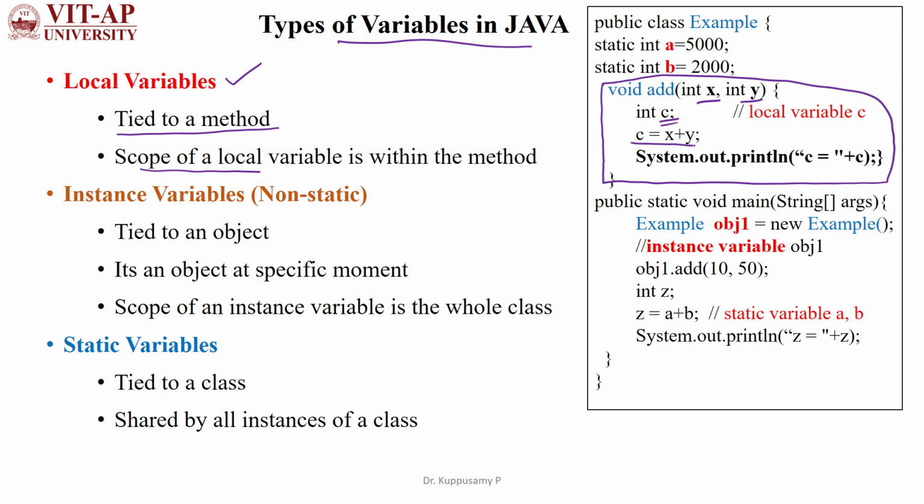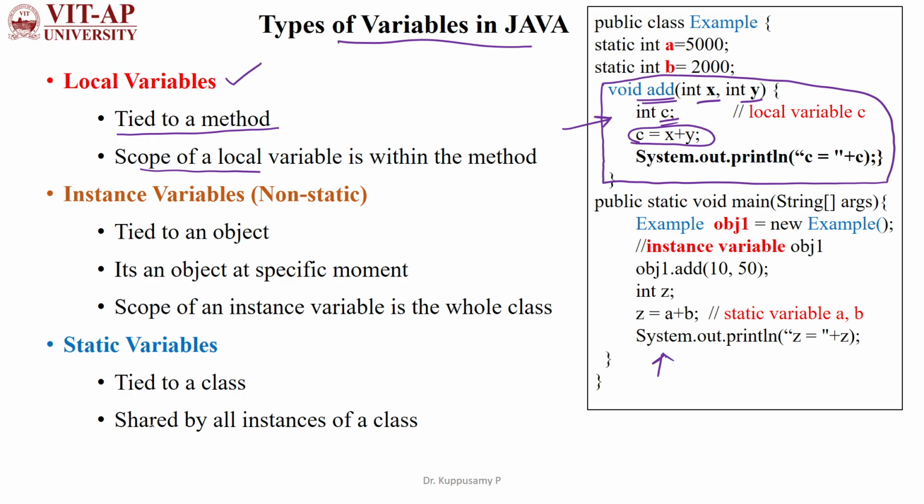These variables cannot be used outside the method add. If you use these variables in the main method, it will give you a compile time error. So variables represented inside a method are called local variables.